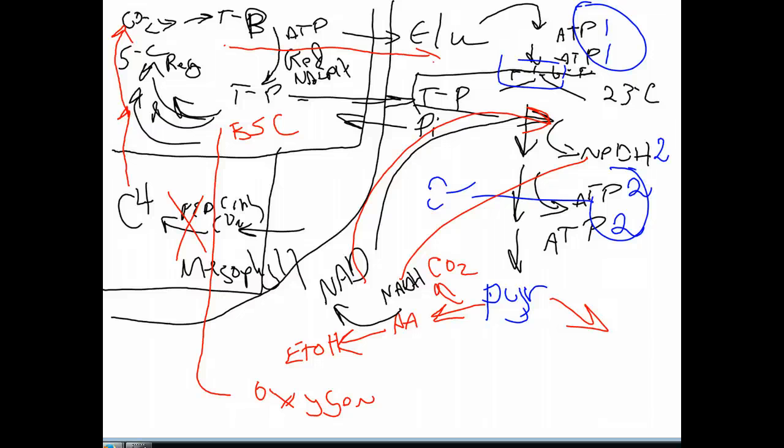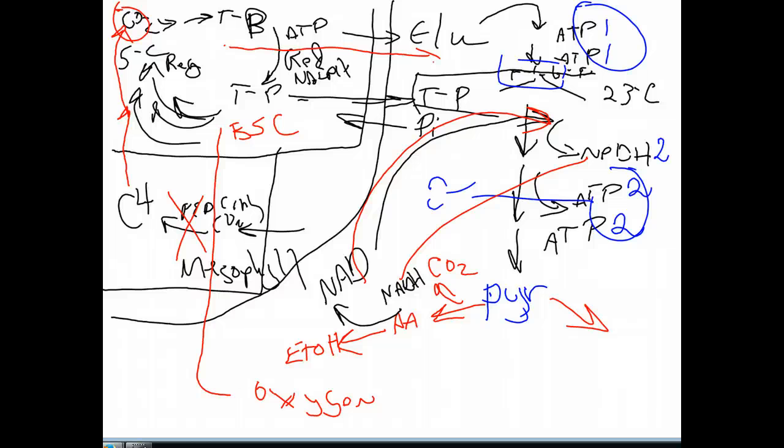And then in the bundle sheath cells, remember these are the cells in the center, the CO2 concentration is so high that oxygen never enters into the reaction. So C4s never fix oxygen. C3s fix oxygen maybe 1 every 4 times. So think about that. In your normal C3 plant, you're losing a lot of efficiency because of oxygen. Okay?